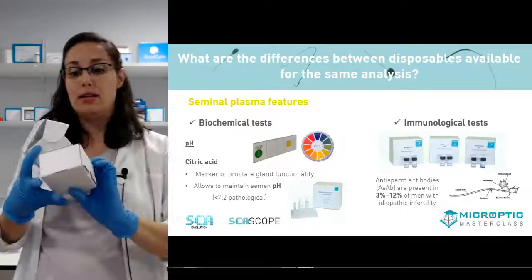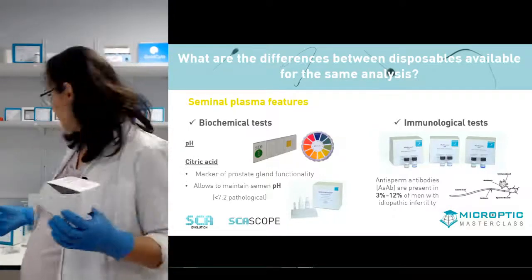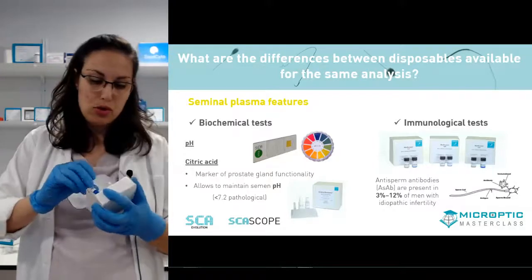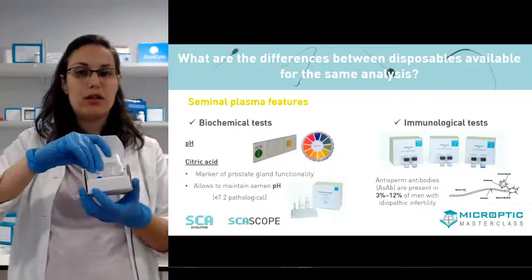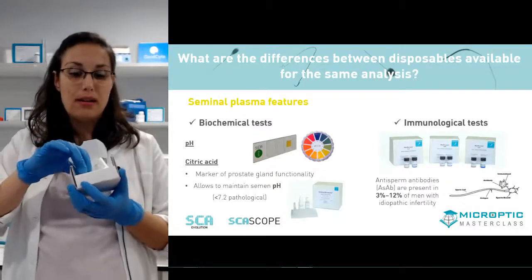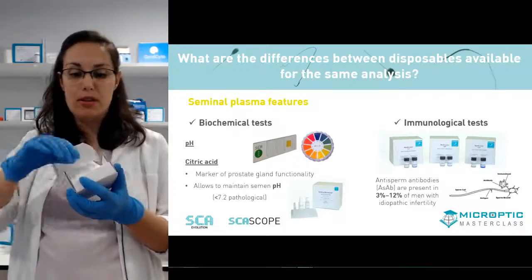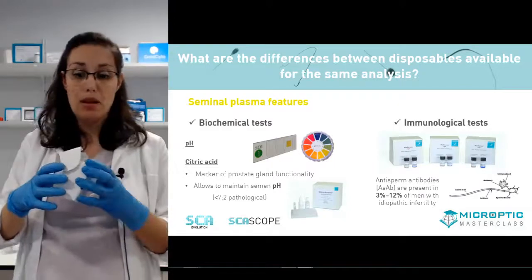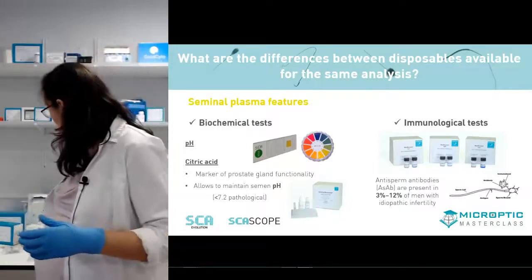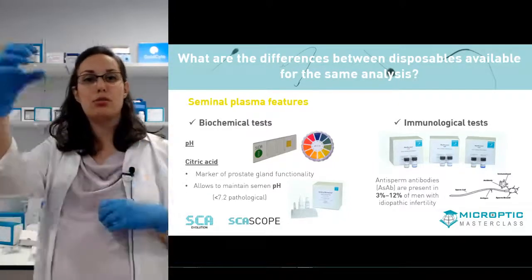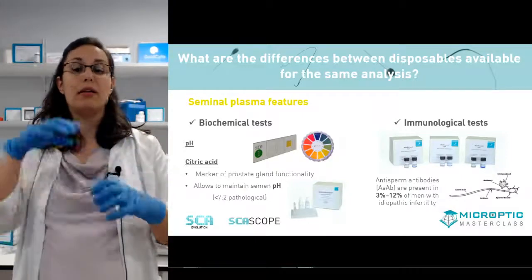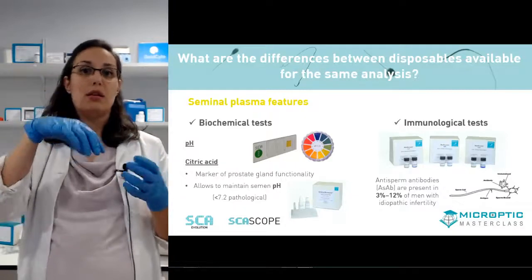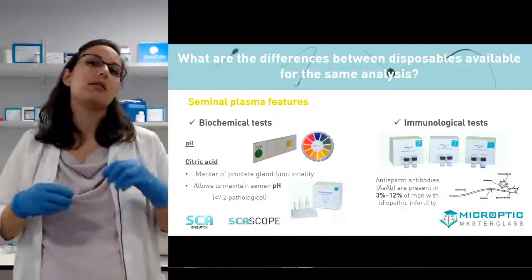Normally immunoglobulin A or G is assessed, and these kits are composed of two solutions. One solution contains beads that are coated with antibodies and antiserum. Then when mixed with the semen sample, it allows the binding of the sperm cells to the beads. Hence you can count how many sperm have antibodies and beads attached to these antibodies.